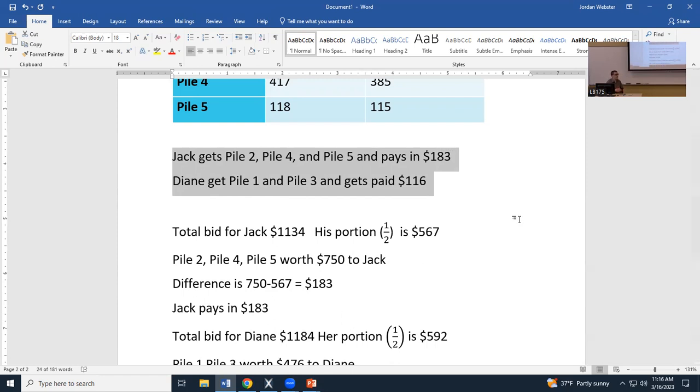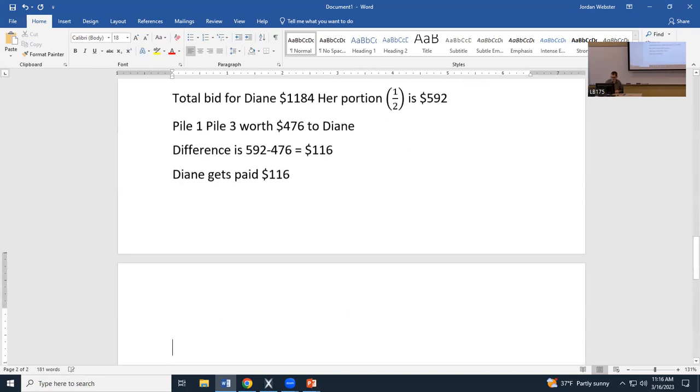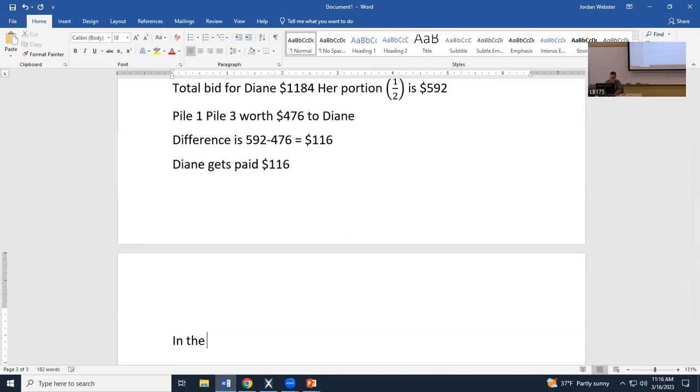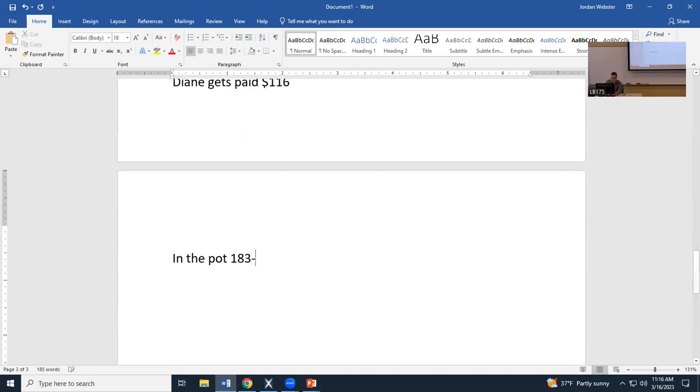Okay? But we're going to account for what's in the pot. And the way we account for what's in the pot is we just say, well, what is in the pot? Since Jack paid in 183 and Diane took out 116, there is $67 left in the pot.